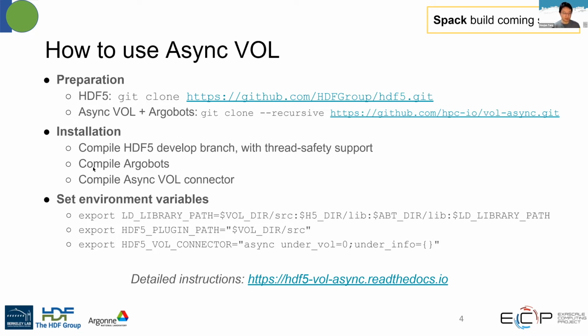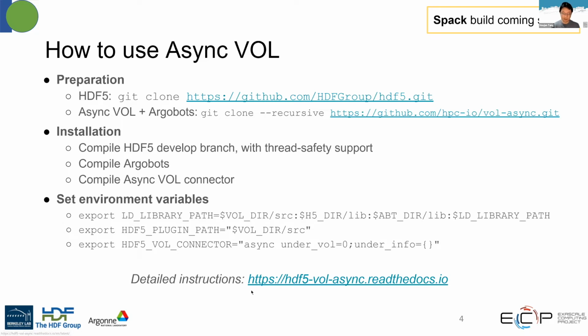Then you compile Argobots, and after that, you can compile the async VOL connector. Once everything is compiled and no errors are observed, to use it, the user needs to set some environment variables to activate the async VOL. For example, they need to set LD_LIBRARY_PATH, as well as HDF5_PLUGIN_PATH and the HDF5_VOL_CONNECTOR variable to let the HDF5 library know that it should find and use the async VOL.